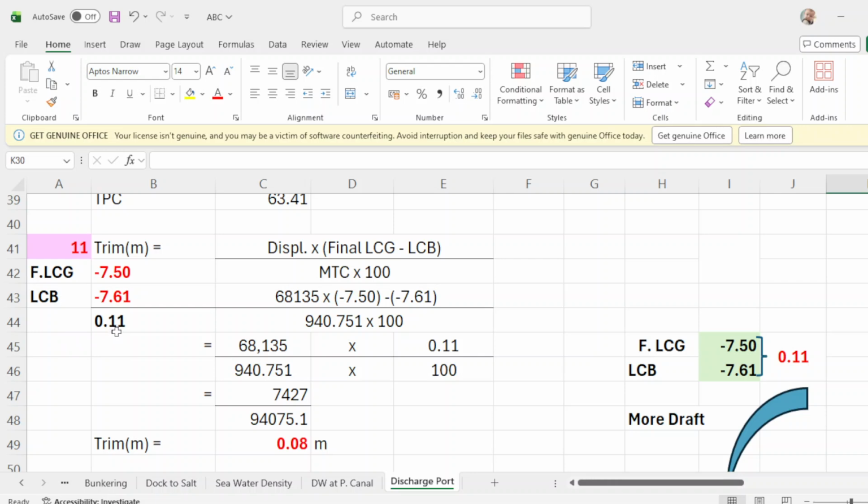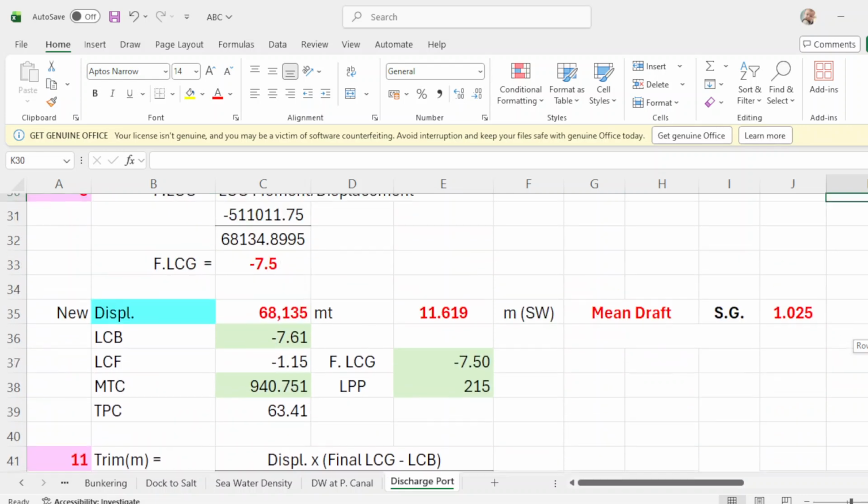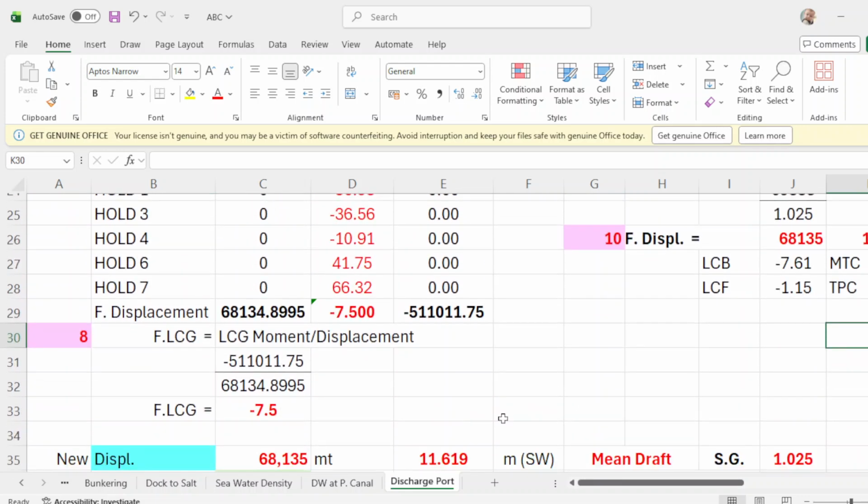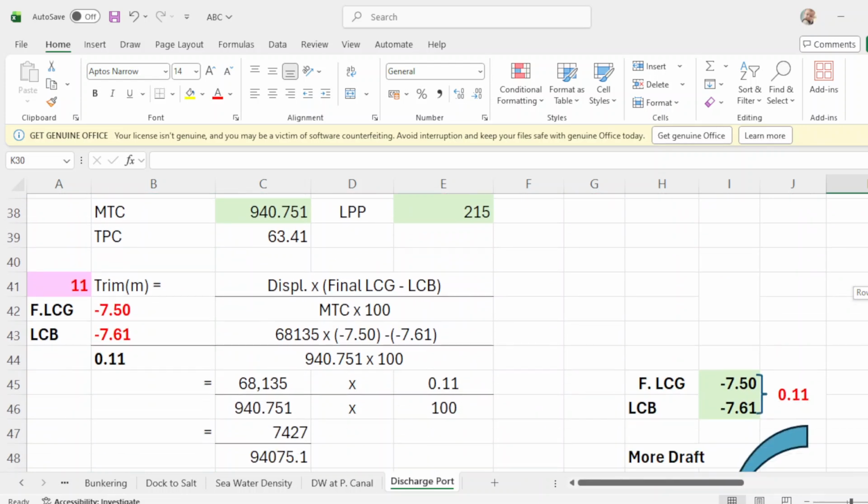Then you put your final displacement of 68135. So final displacement of 68135 times your distance of 0.11 over your MTC of 940.751 times 100.